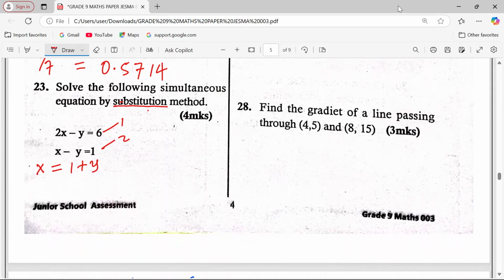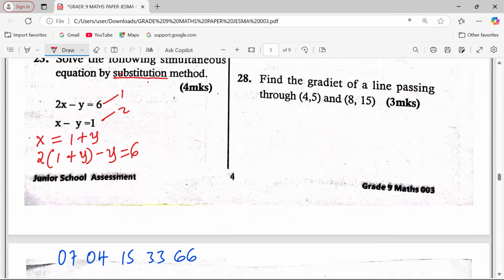Now, because we have expressed from equation 2, we have to rewrite equation 1. In the place of x, we shall have 1 plus y. So equation 1 rewritten will be 2 times 1 plus y, then minus y, equivalent to 6. So this is going to be 2 plus 2y minus y equals 6.